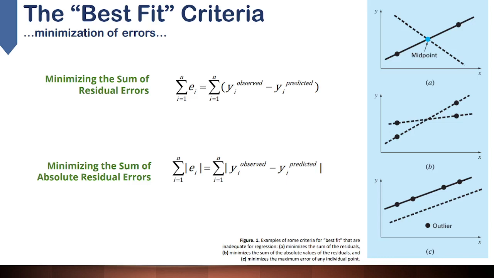Next would be minimizing the sum of the absolute residual errors. Same, but you are just taking the absolute value. Both of these operations are just taking the difference between the predicted value and the actual, which is the observed.